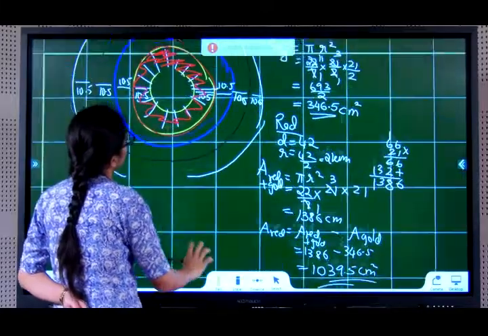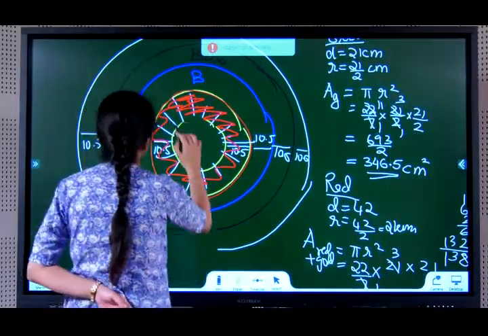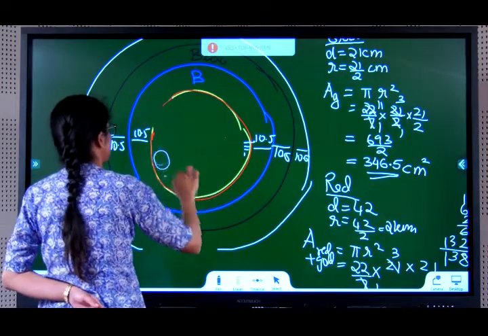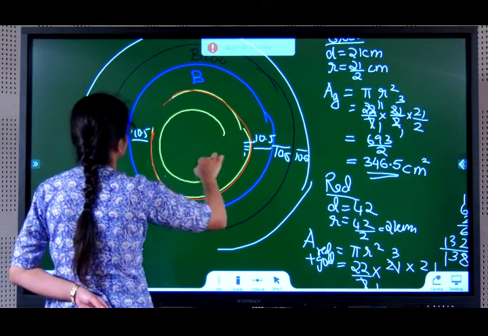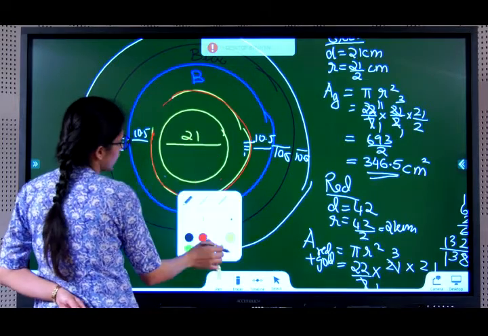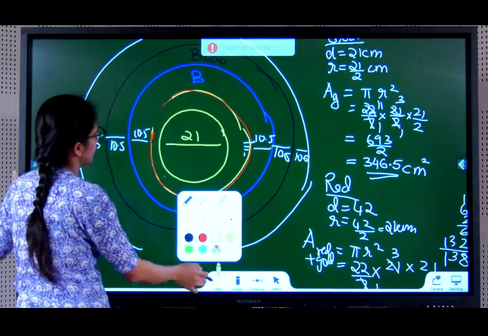Now to go in for the next one, we have to find the area of blue. Let's just make this a little clear. Right. So now if I want to find area of blue, first I should find the radius of blue.